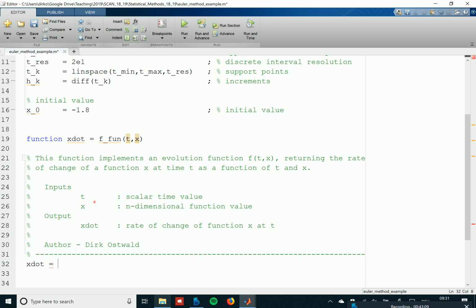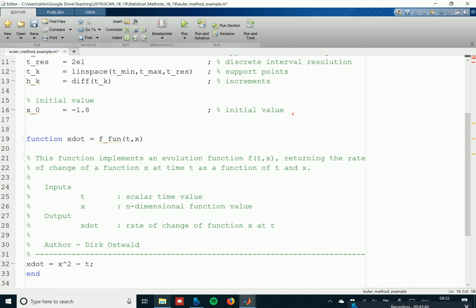So there the output argument was defined as x squared minus t. Yeah? And that's it. So this function doesn't have to do anything else. I'm always a little bit split between calling the output argument something like this or calling it f evaluated at t, x, but I think for this moment it's fine.